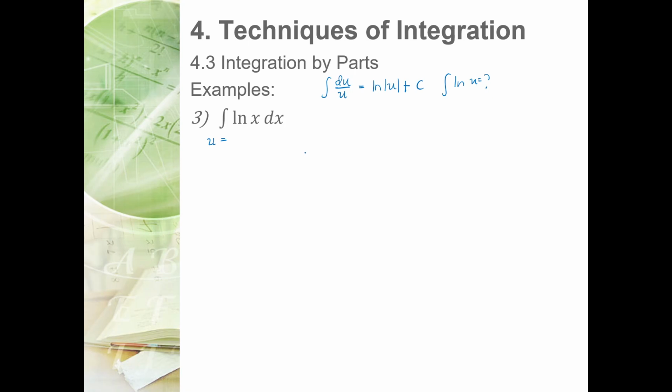So u and then dv here. Again, if we're going to put ln x here, since it's the complicated term, notice that it's difficult to integrate, because we don't have any formula for the integral of ln. So we can't put ln x in dv, but we can put ln x in the u parameter, because it's possible to derive ln x.